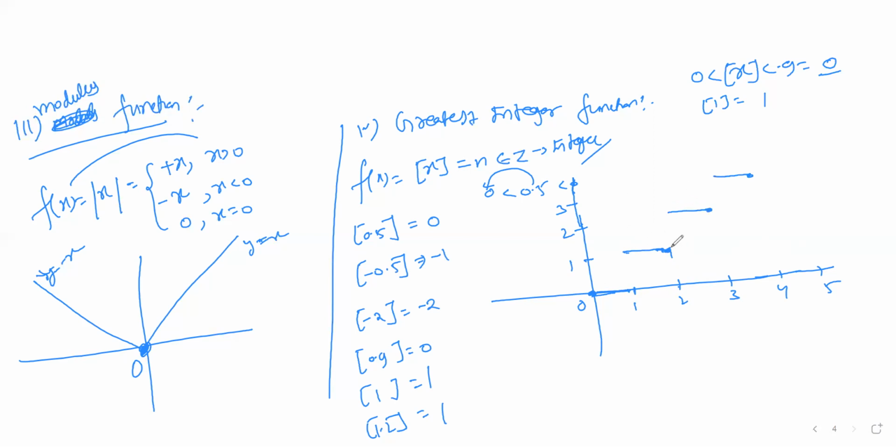But if the value is like 2, it is not continuous, because the left and right hand limits won't be the same. We'll discuss this also. So these are the types of functions. Next, I am going to check limits: how to find the limit of a function.